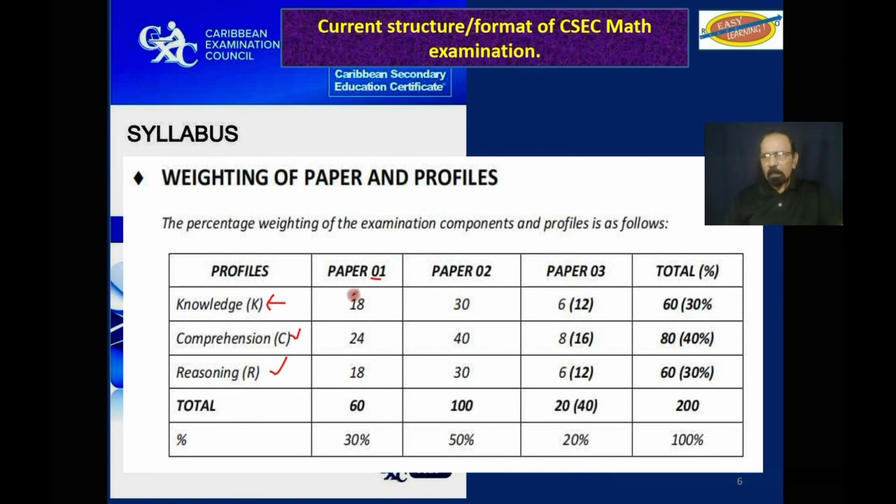From Paper 1, 18 marks will be based on knowledge, 24 on comprehension, and 18 marks from reasoning, which would give you 60 marks from the 60 questions, which will have a weight of 30% of your final grade, and so on for Paper 2 and Paper 3. Total 200 marks, which will be expressed as a percentage, and that will determine your final grade.